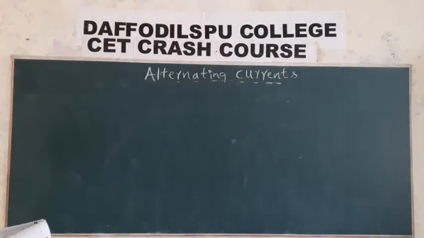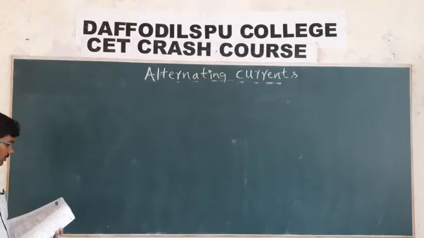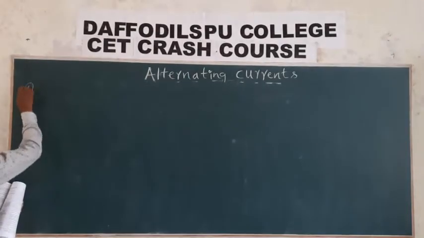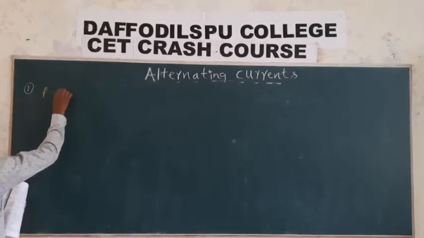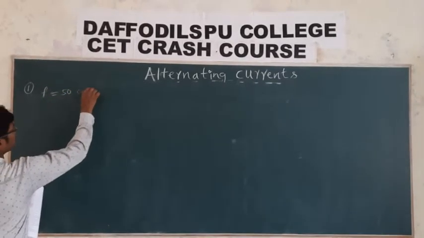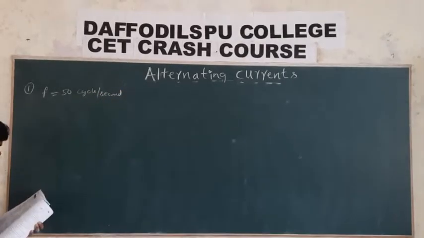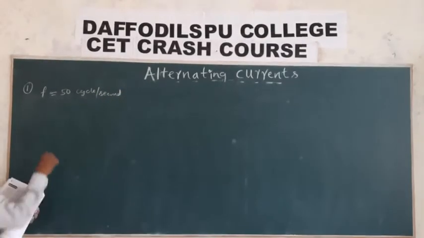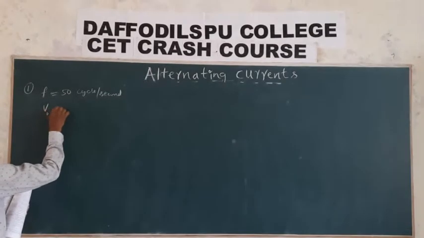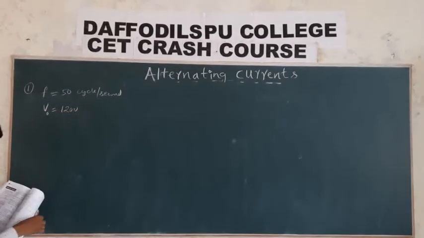Let us see here. The frequency of an alternating voltage is 50 cycles per second. So frequency is given, 50 cycles per second, and its amplitude is given 120. So V0 is equal to 120 volt, maximum.